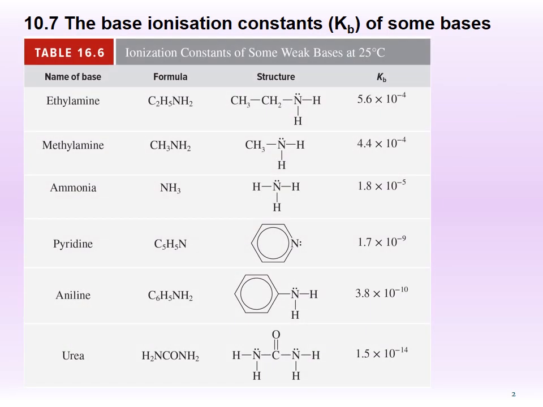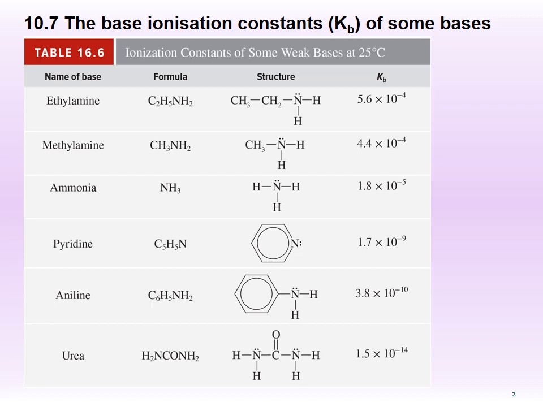Here are base ionization constants, Kb, of some bases. You are not required to memorize these. Some of these ought to look familiar to you as you learnt about them in Chapter 7. Ethylamine and methylamine are the common names of the aliphatic amines, ethanamine and methanamine, respectively.